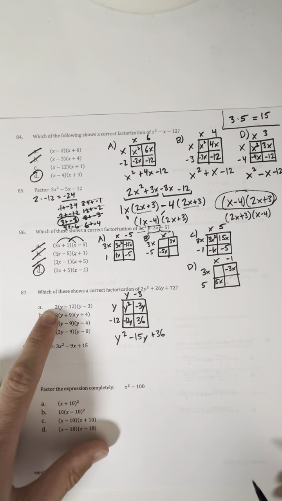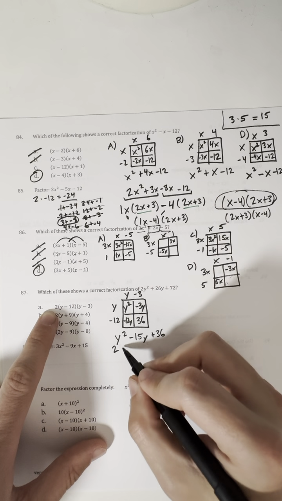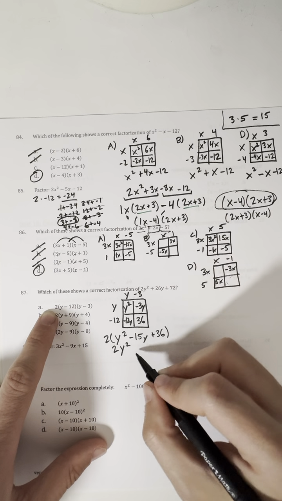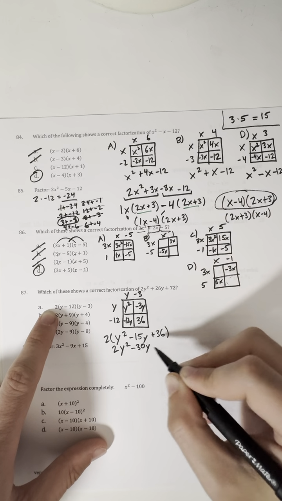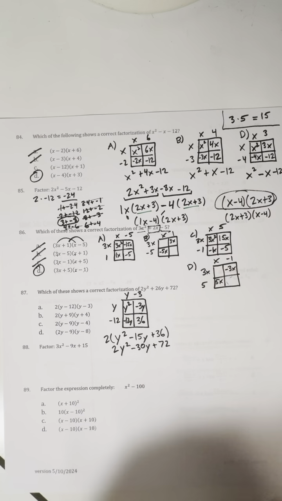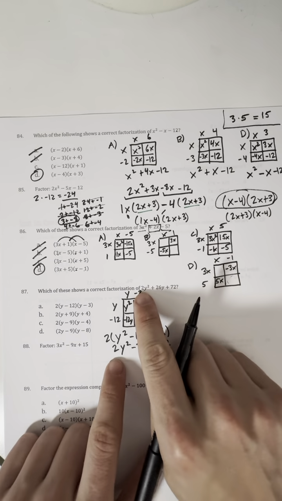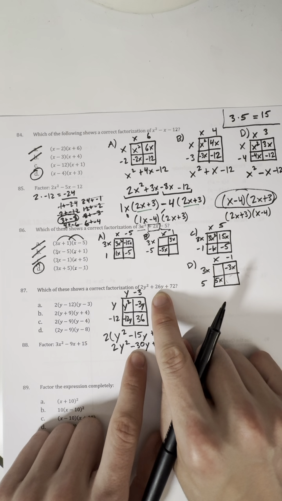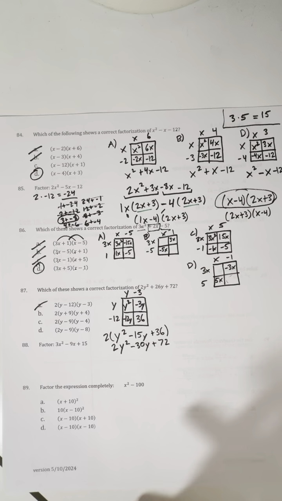There's a times 2 out front, so everything multiplies by 2. So I get 2y squared minus 30y plus 72. All right, the 2y squared worked, the 72 worked, this did not. So A is wrong.